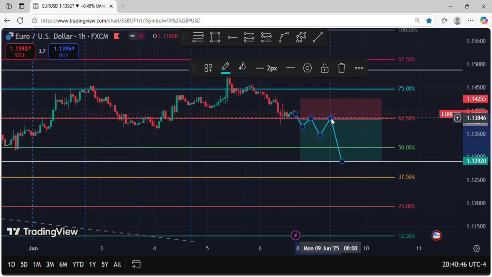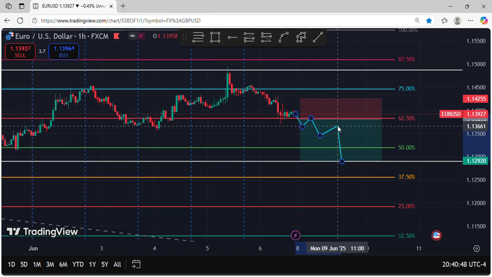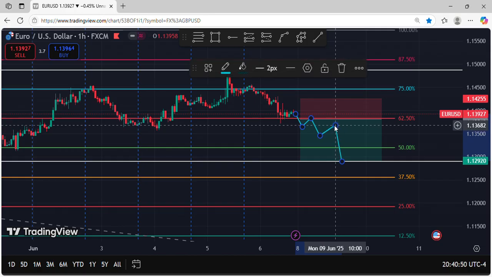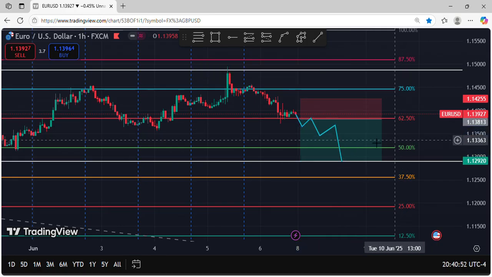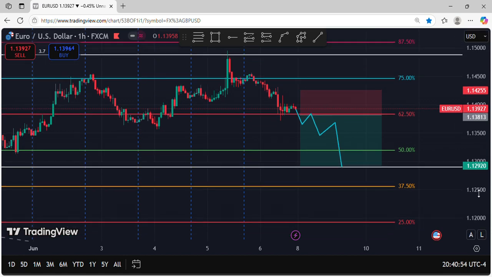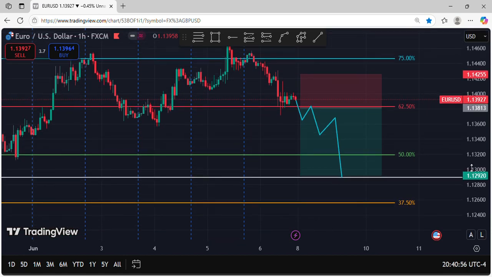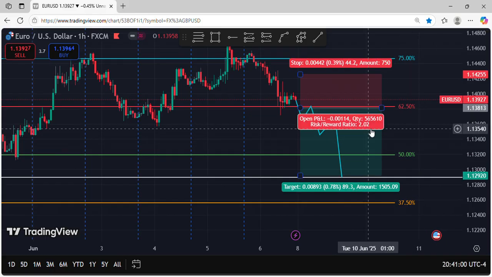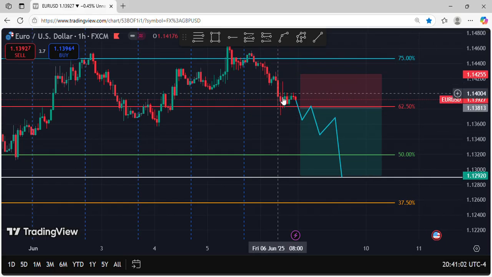And so this is what I want to see with Euro USD. That already gives us a 1:2 setup for the week.